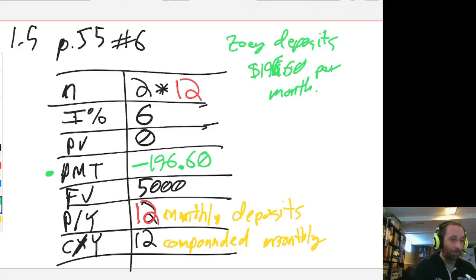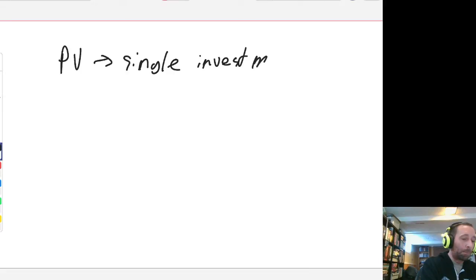So the key difference between the monthly payments and the PV, just to summarize: PV is when you make a single investment at the start.